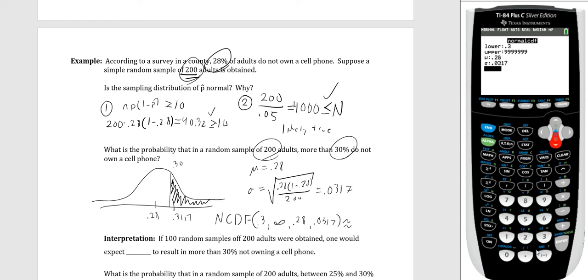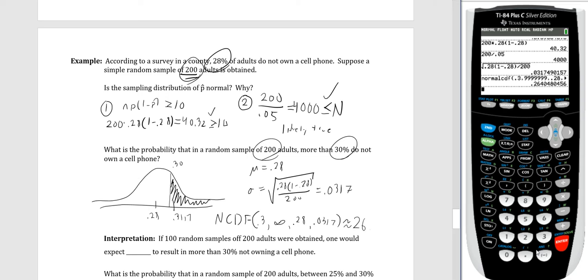Okay. Plug all that in, we get about 26.4%. Okay. Seems to be okay from the empirical rule.